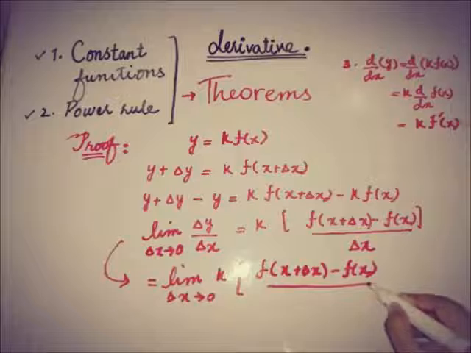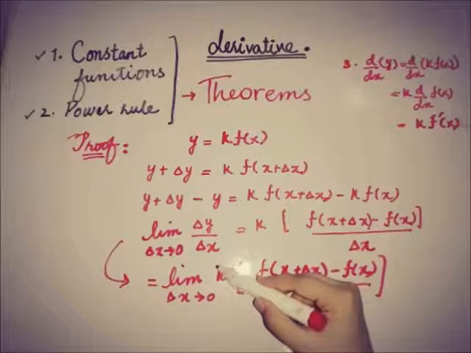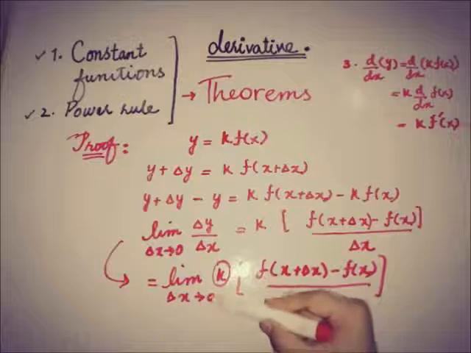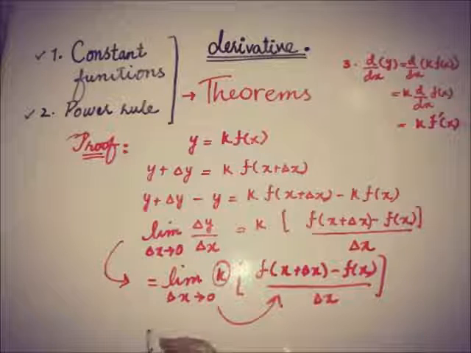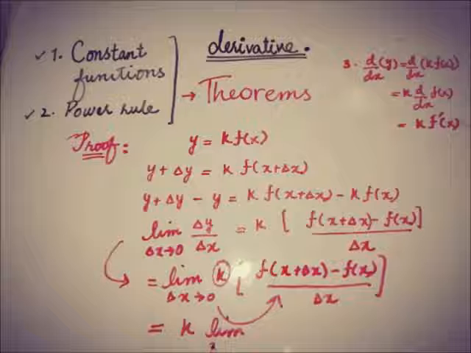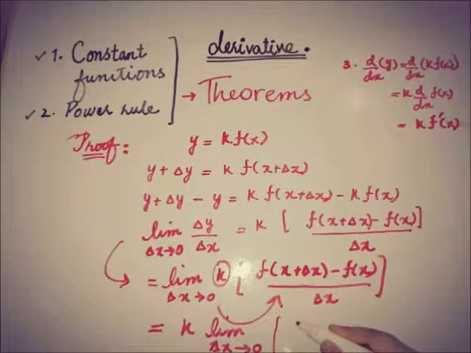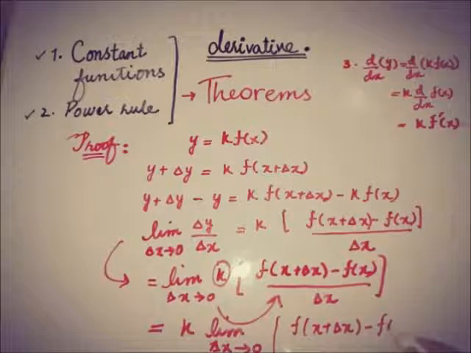As we all know the laws of limit, the limit doesn't apply on this factor but applies to this factor only, this whole factor. So this will come out here in this type, delta x approaches 0 and the factor contains delta x.